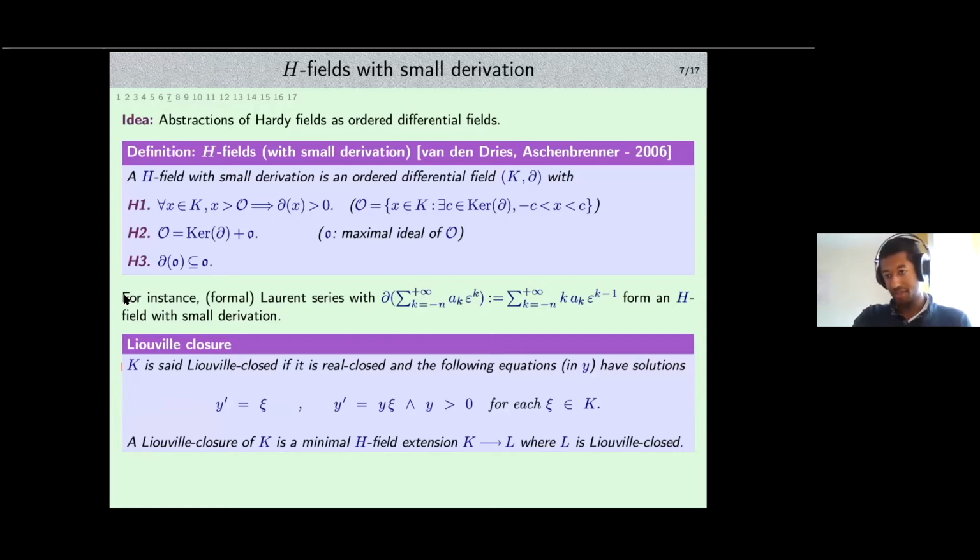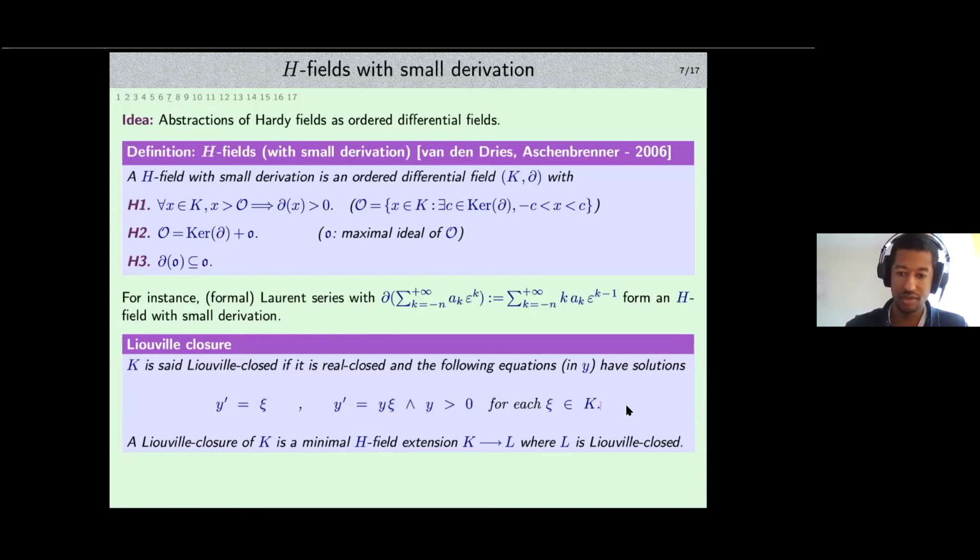So one other property that we must consider to start looking at equations on H fields is UV closure. I assume some people here are familiar with this, but we are in the ordered context, so it's a little bit different. So we say that an H field is UV closed if it is real closed first, and if we have solutions to this type of equations. So we want integrals, it's just an integral, and here we want exponential integrals.